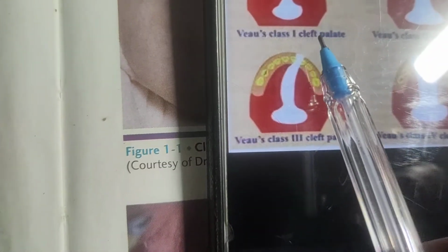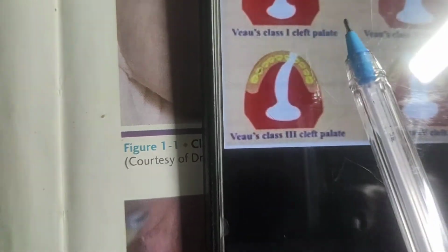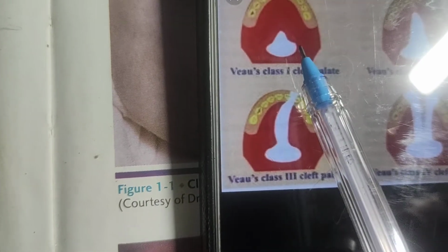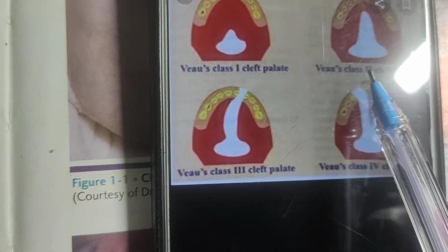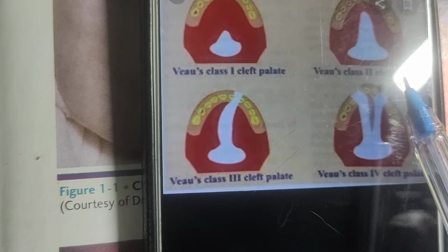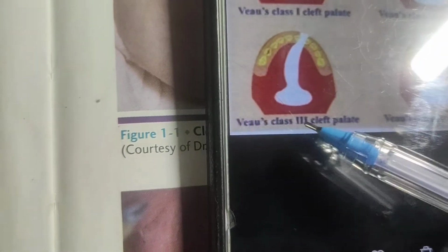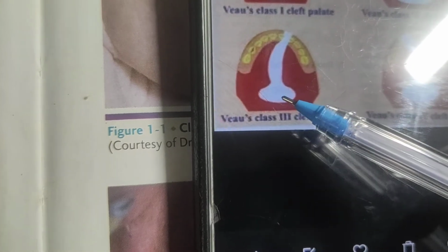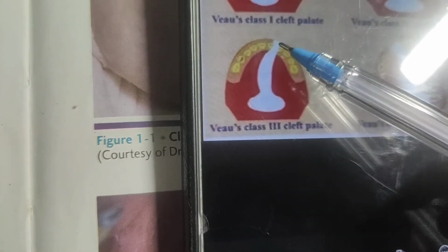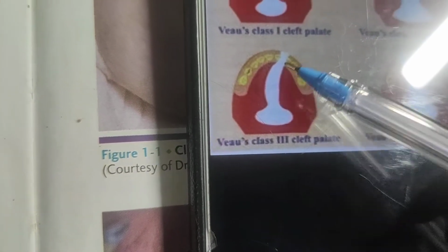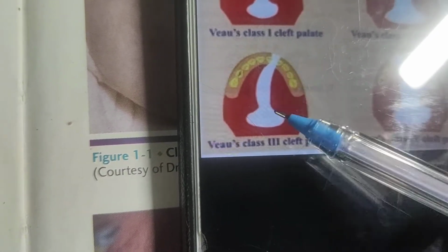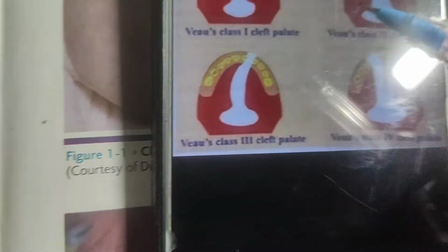We know class 1 cleft palate, in which they involve only soft palate. In class 2 cleft palate, they involve soft and hard palate both. In class 3, soft palate, hard palate and lip, but it is an isolated lesion.